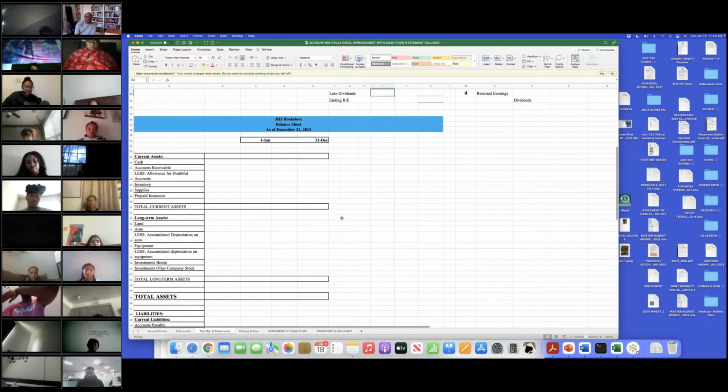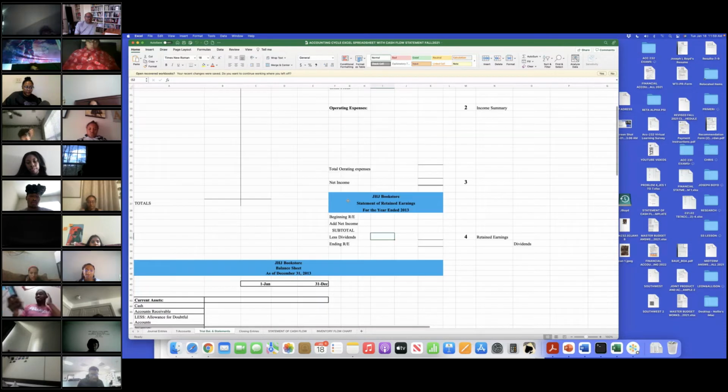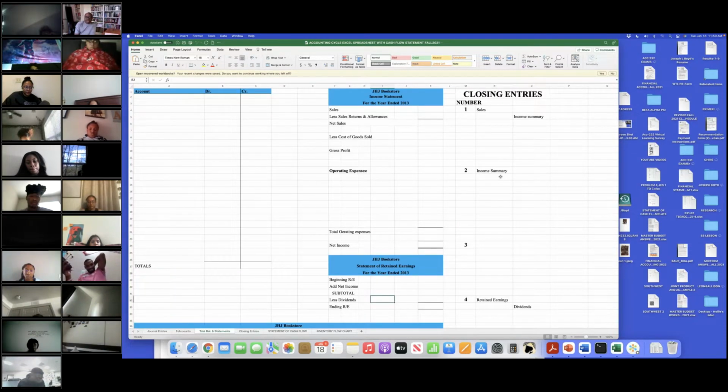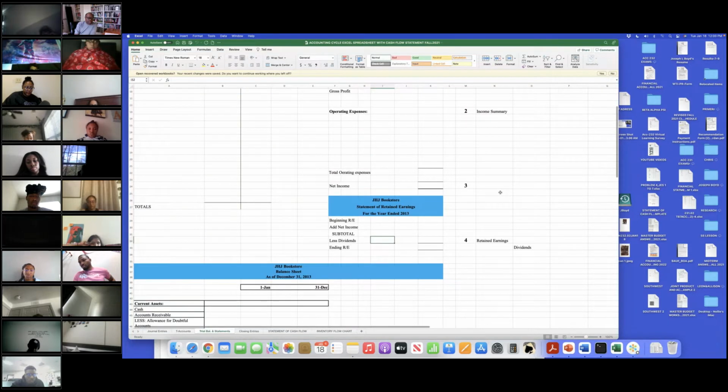We also would do what? Make closing entries. All of the entries from dividends on down are closed out, because they're temporary accounts, we close them out each year. And so we close out the revenue, the expenses, the net income, that's closing entry 3, and then the retained earnings, and we post those closing entries.